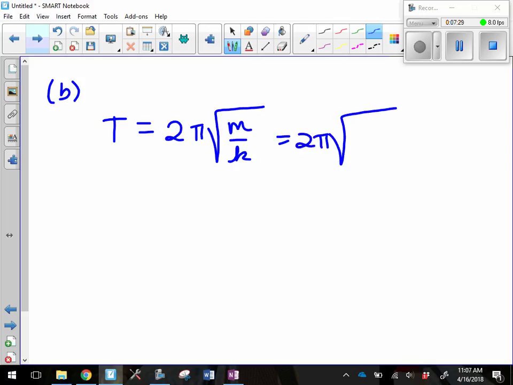So it doesn't matter how far I pull that mass down. So I've got 2 pi root 1.3 kilograms divided by 130 newtons per meter, which, as you recall, you said a few minutes ago was really kilograms per second squared, which makes a little more sense now, but we're still not going to use it. Doesn't matter.